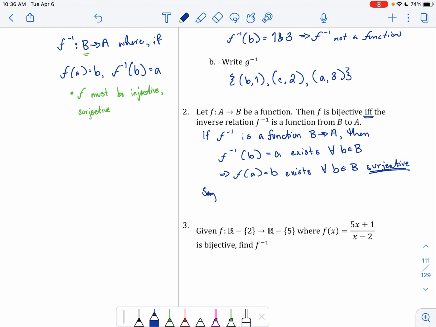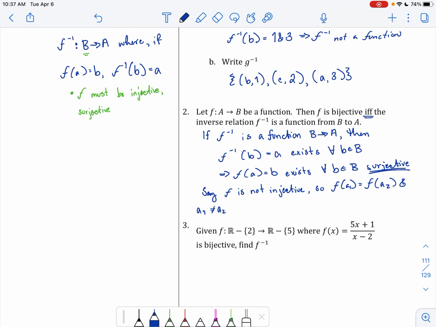So say f is not injective. So f of a equals f of b. I'm going to use subscripts actually so that we can have our a and b separate. So f of a1 equals f of a2, and a1 is not equal to a2.